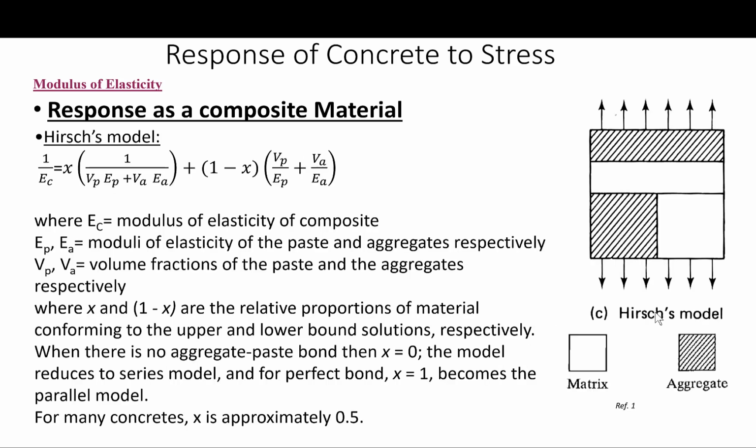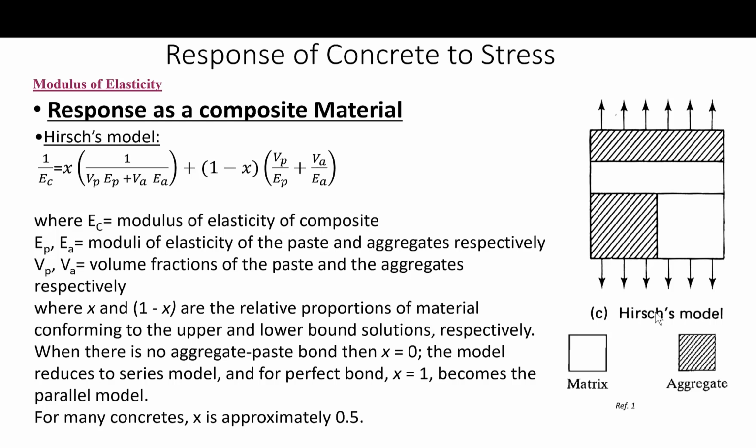Okay, so as we said, both the series and the uniform models have their limitations and shortcomings. We have one model suggested by Hirsch, which is obtained by combining the moduli obtained from the parallel and series models presented just now.